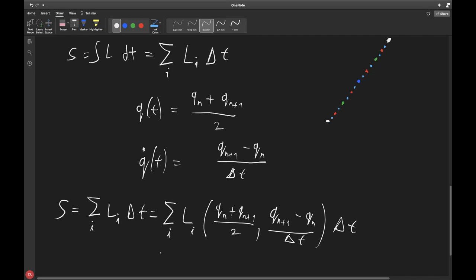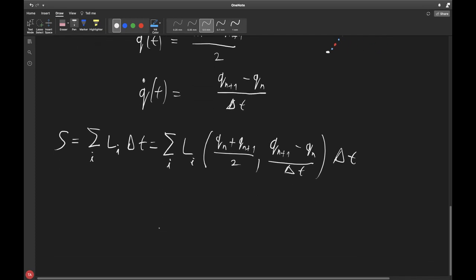So it's a sum of i elements, and we can just think about two elements which are next to each other. So we can say that this is the same as, having some i equal 1, q1 plus q2 plus so on.